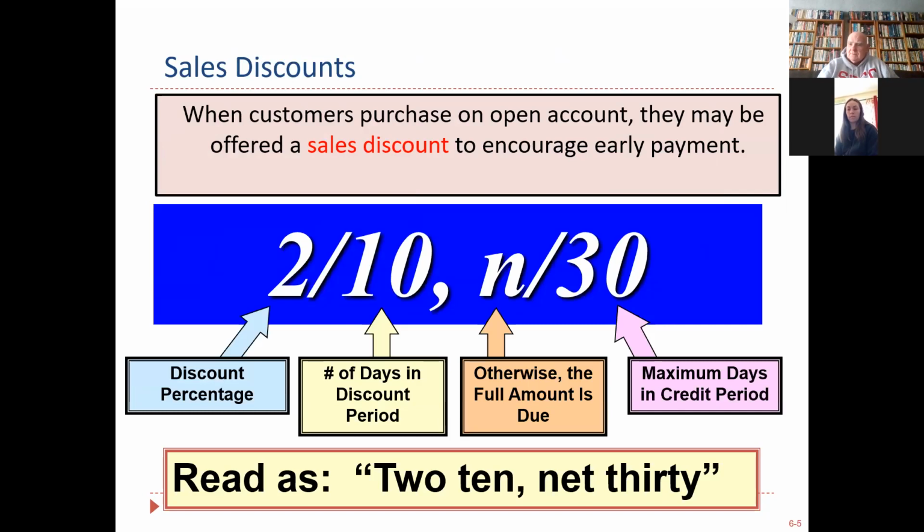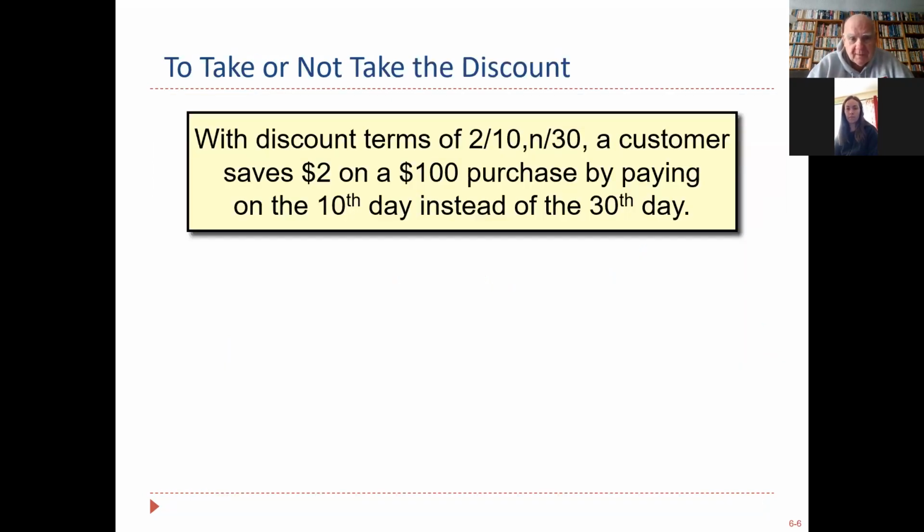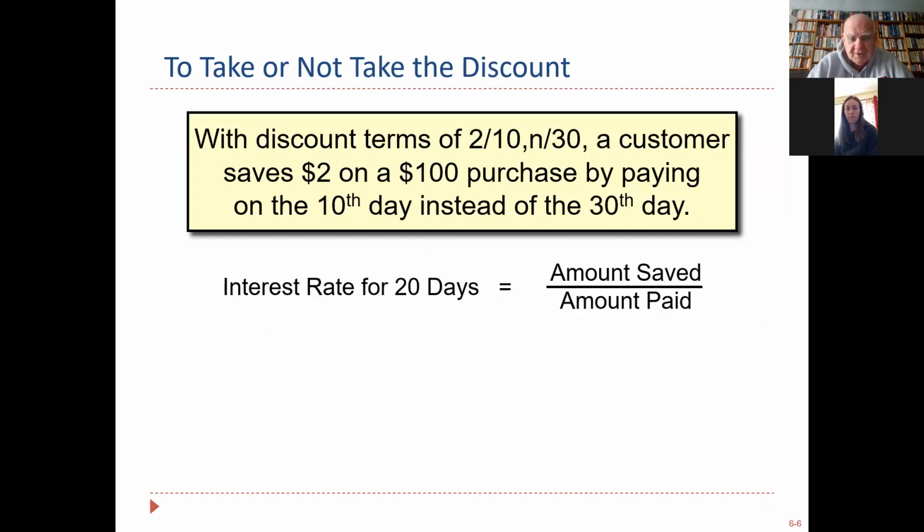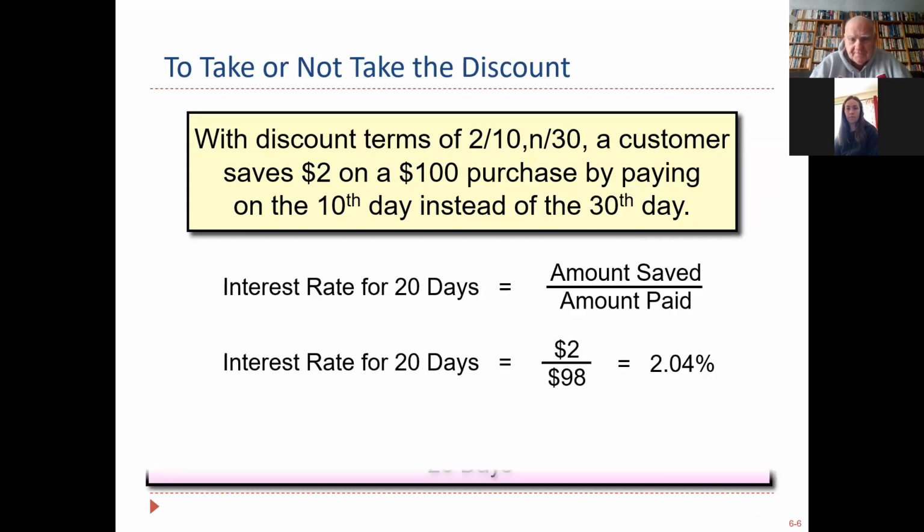We talk about the components: sales discounts. We know how to read this now, huh? 2% 10, net 30. You get a 2% discount if you pay in 10 days, net in 30. I don't expect anybody to have a problem with that. But this, I think, is interesting.